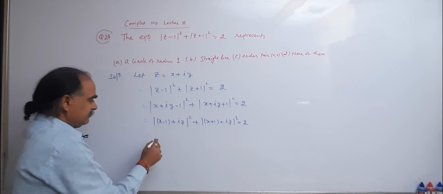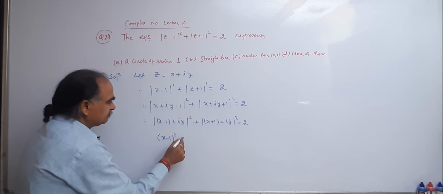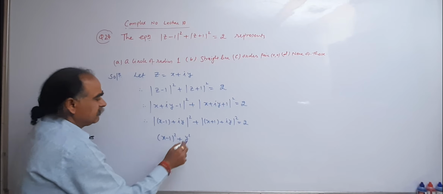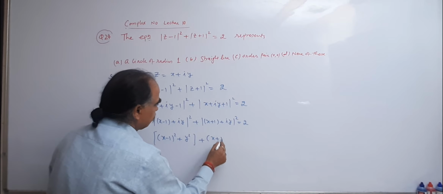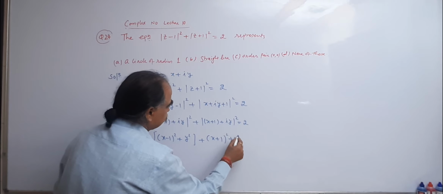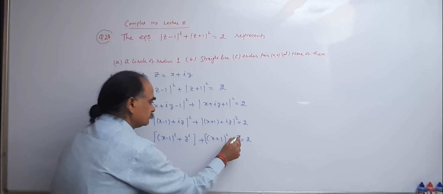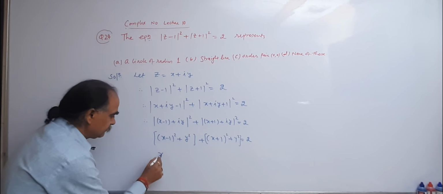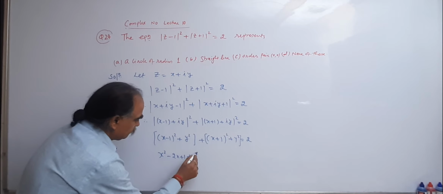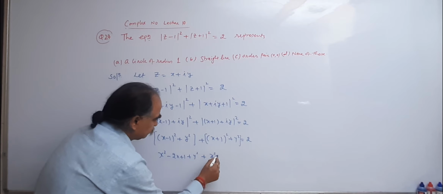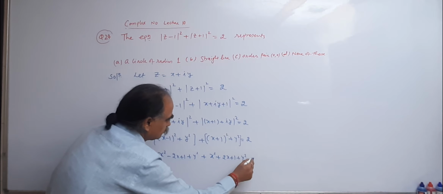Now square is there, so root will not be there. x minus 1 square plus y square plus x plus 1 square plus y square is equal to 2. Now expand it. x square minus 2x plus 1 plus y square plus x square plus 2x plus 1 plus y square is equal to 2.